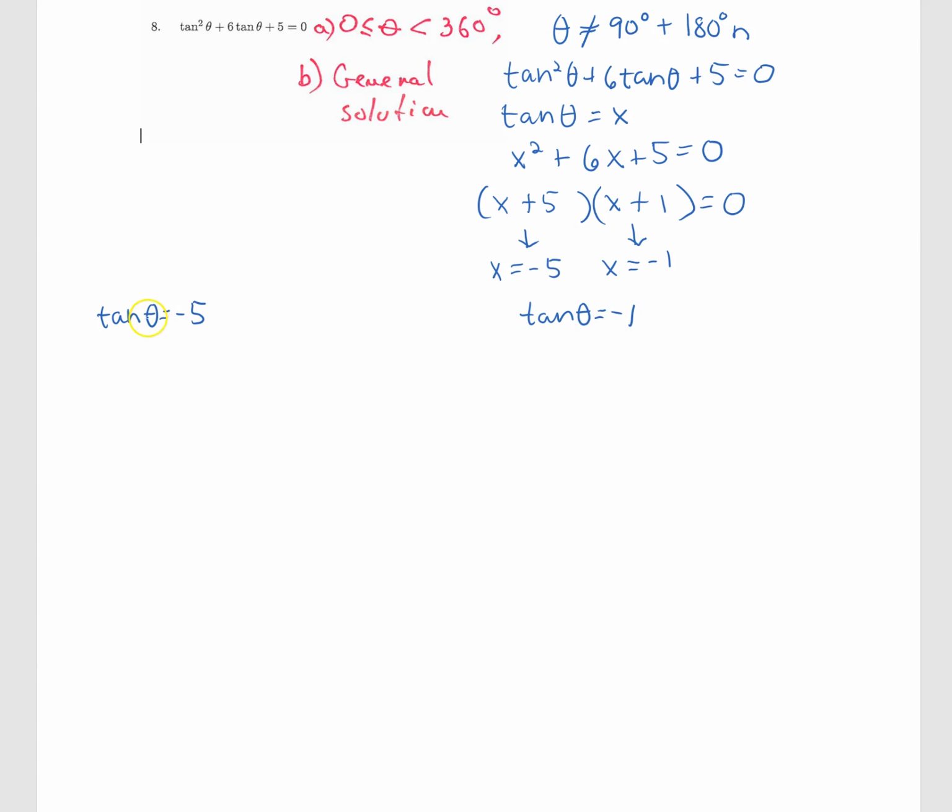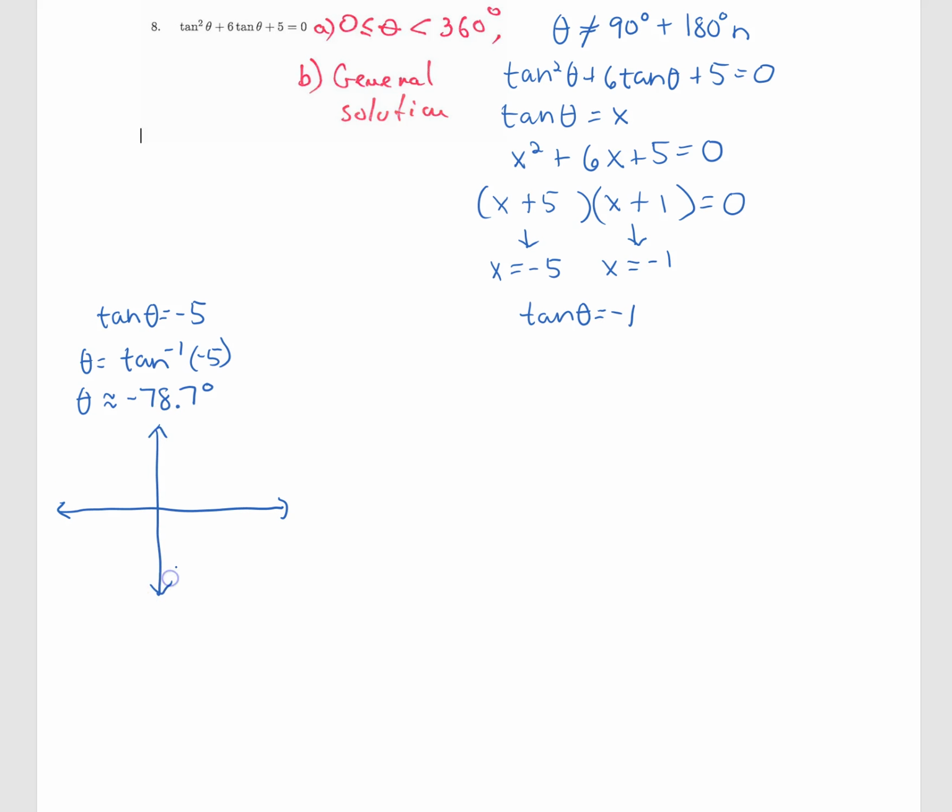Starting with the first, to figure out what theta is equal to, we take the inverse tan of negative 5. If you plug that into your calculator, it's a long decimal, but approximately negative 78.7 degrees.